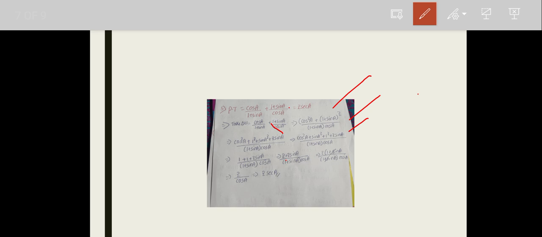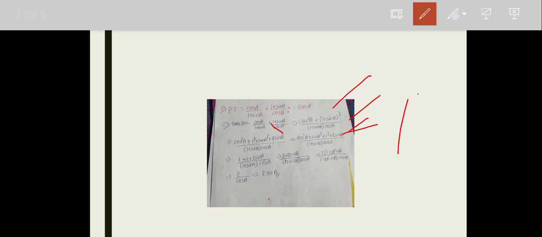Like that, cos square A plus 1 square plus sin square A plus 2 sin A, divided by (1 plus sin A) into cos A. We can write cos square A plus sin square A, and we know sin square A plus cos square A is 1, so we write this as 1. Then 1 plus 1 square value is 1, plus 2 sin A, divided by (1 plus sin A) into cos A.